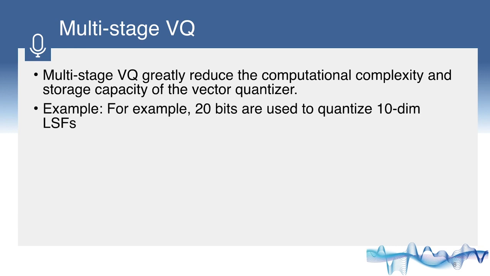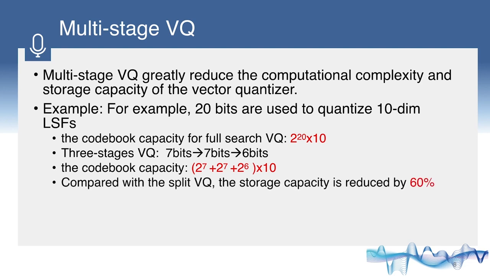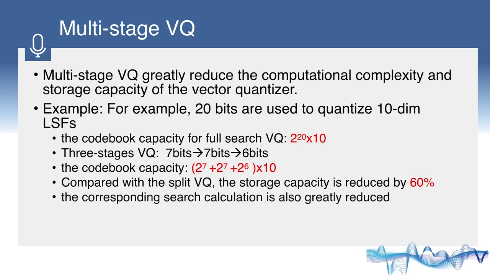For example, 20 bits are used to quantize the 10-dimension LSF parameters. A 3-stage vector quantizer is designed with 7 bits, 7 bits, and 6 bits for each stage. The codebook capacity is reduced largely. Compared with the split vector quantization, the storage capacity is reduced by 60%, and the corresponding search calculation is also greatly reduced.